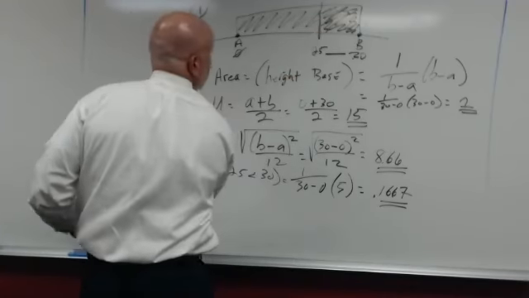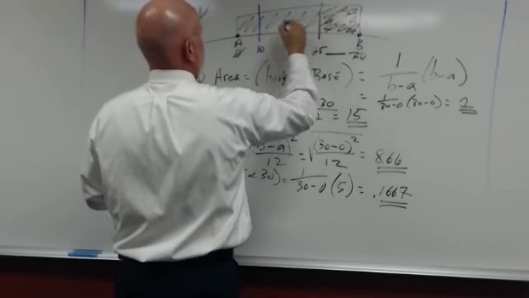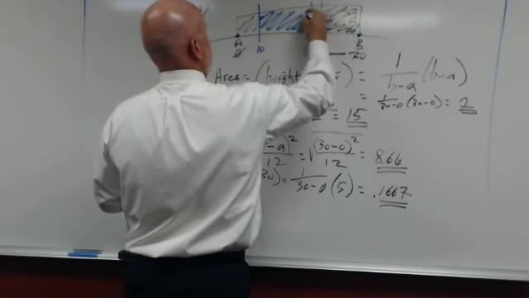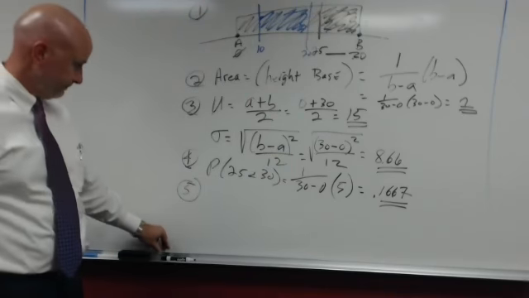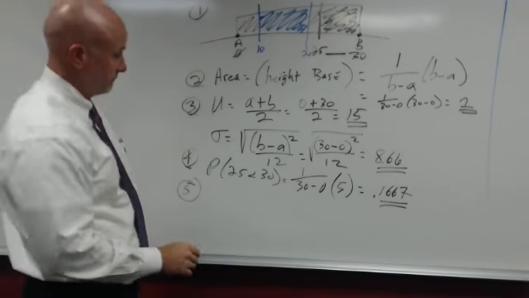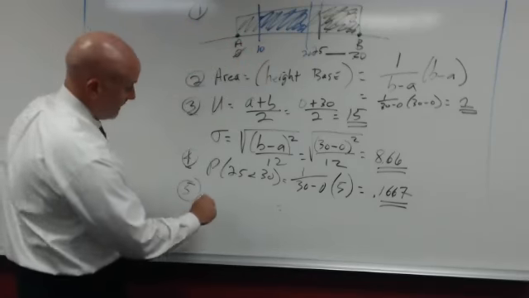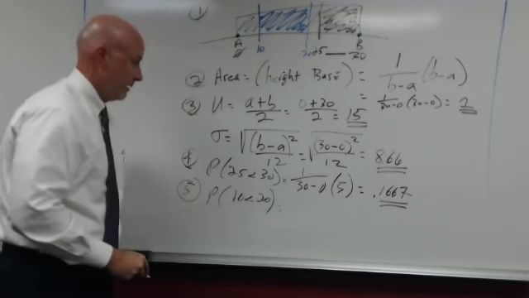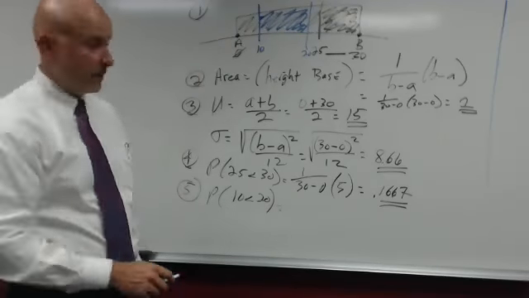So now, what's the probability that we are within here? So now we're going to say, what's the probability within 10 and 20 minutes? So it would be 1 over 30 minus 0 times 10?